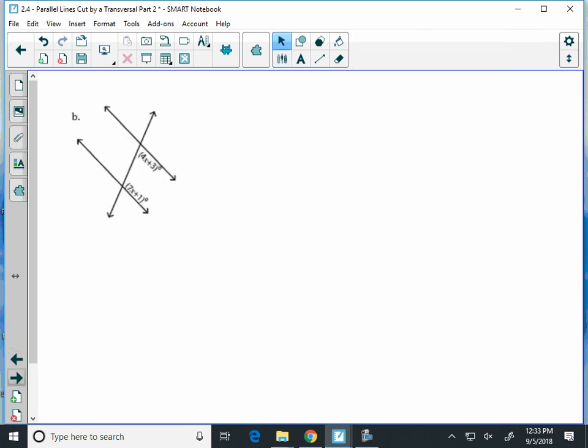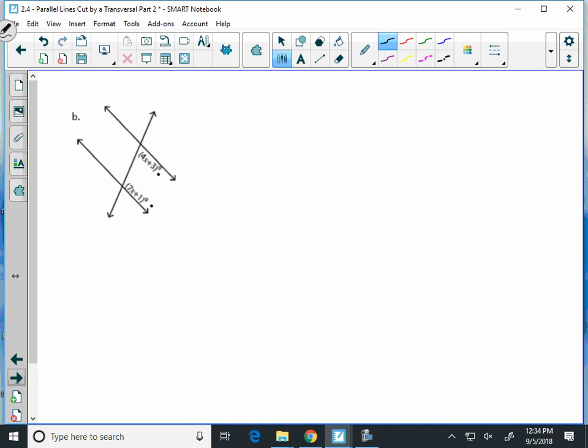B. What kind of angles are 7x plus 1 and 4x plus 3? Same side, good. They are on the same side of the transversal, but they're not on the same point. That's okay. Corresponding, I think, are tricky to recognize. I think they're the hardest ones to recognize. They are same side interior. They're on the same side of the transversal. They're both inside the parallel lines.